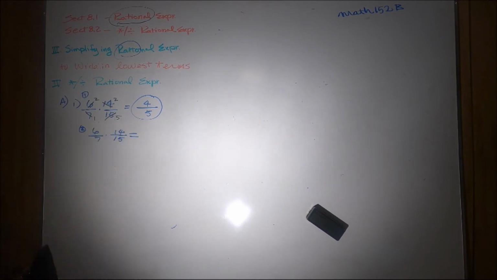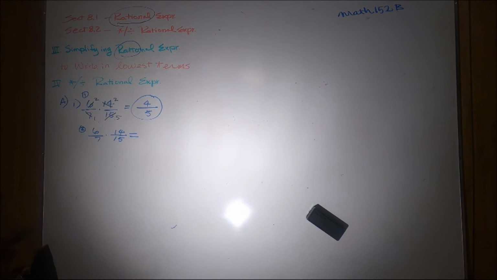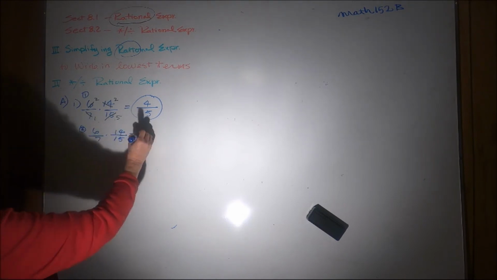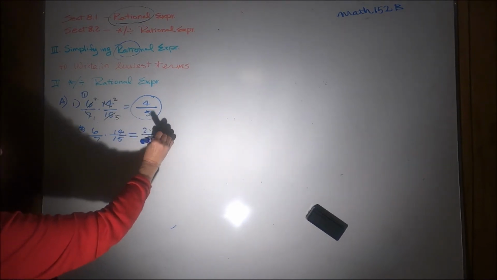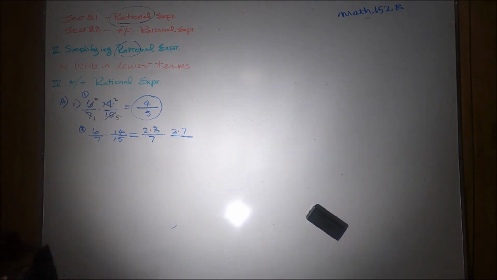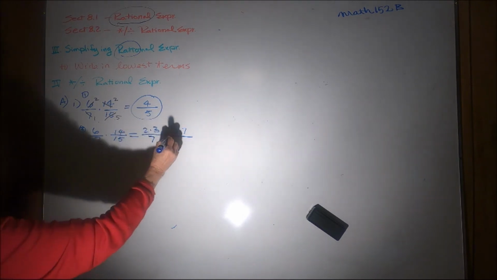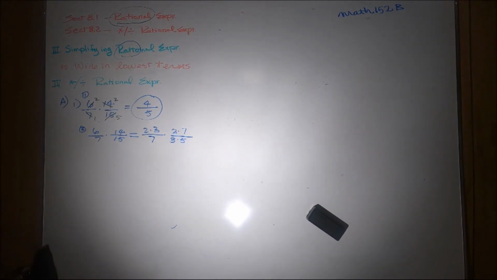So we can break things down to the lowest level, lowest terms. For numbers, lowest terms mean what? Prime numbers. So 6 would be 2 times 3, right? 7 is 7. Then 14 would be what? 2 times 7. And 15 would be what? 3 times 5, right? You just do your trees.